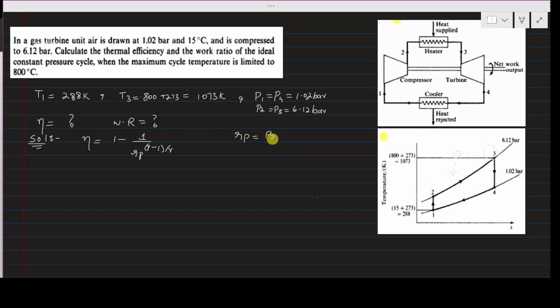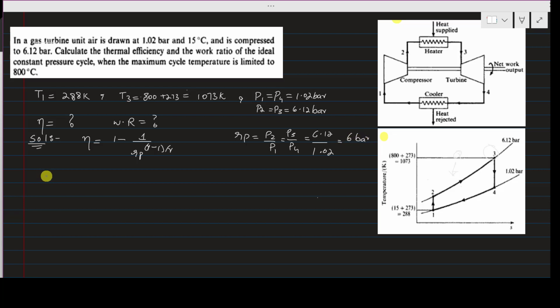That means P2 divided by P1. This P2 is equal to P3, so you can also write P3 over P4. What is P2? That is 6.12 divided by 1.02. It becomes equal to 6 if you solve this using the calculator.